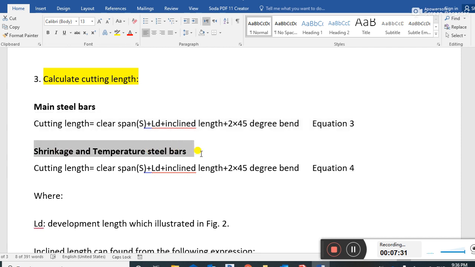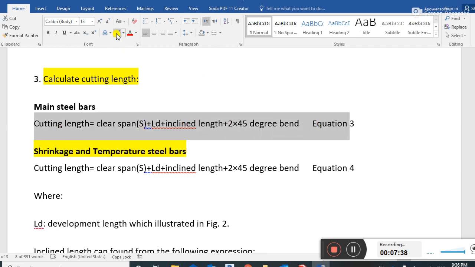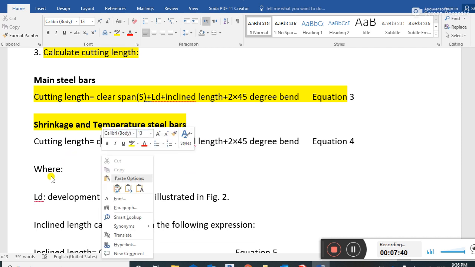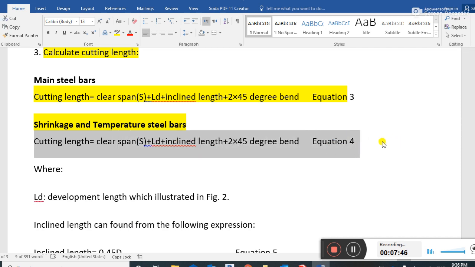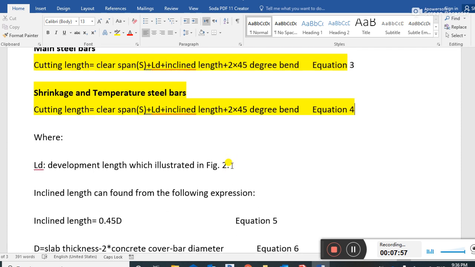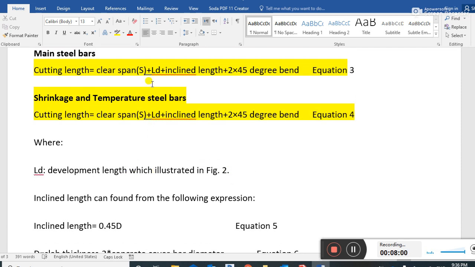For shrinkage temperature bars, the cutting length is clear span plus LD plus inclined length plus 2 times 45-degree bend. The equation is this. Just introduce these terms here.